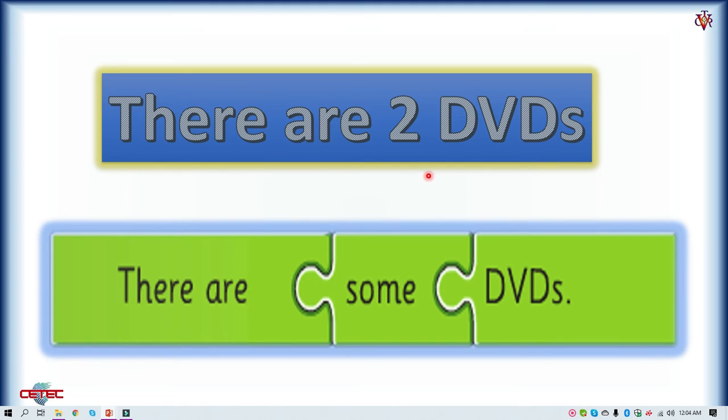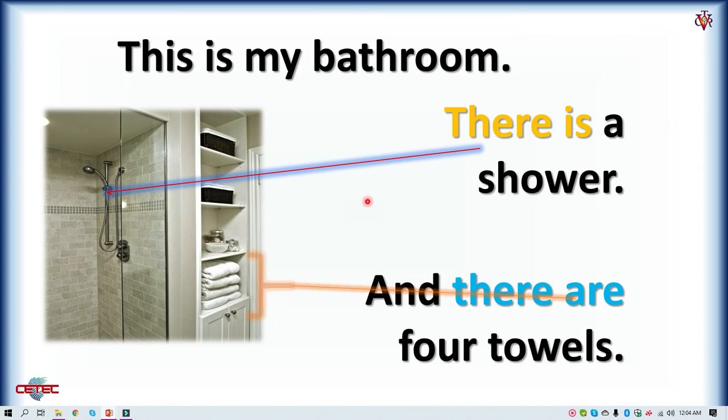See, in that difference, they use a number or they use some. On some occasions, both sentences use are. Are is for plural. Let's see this example. This is my bathroom. That means it's only one. There is a shower.